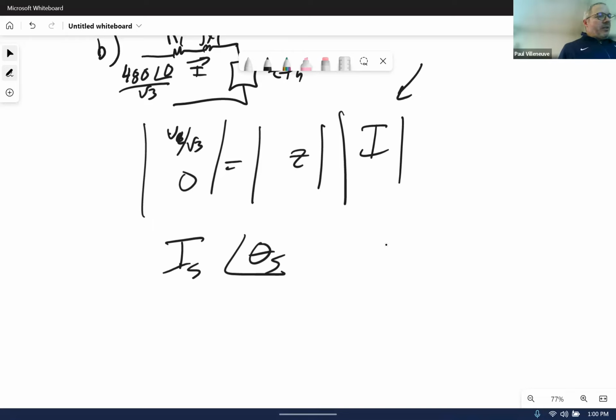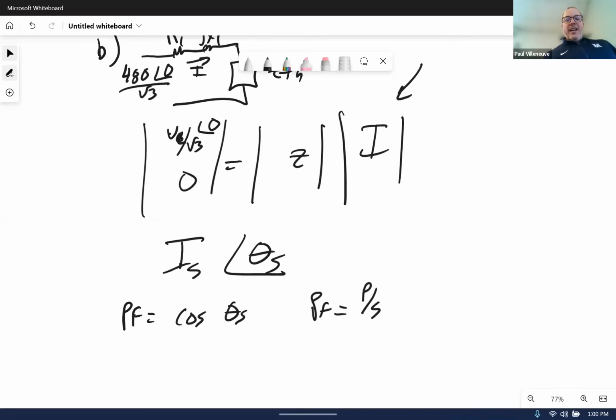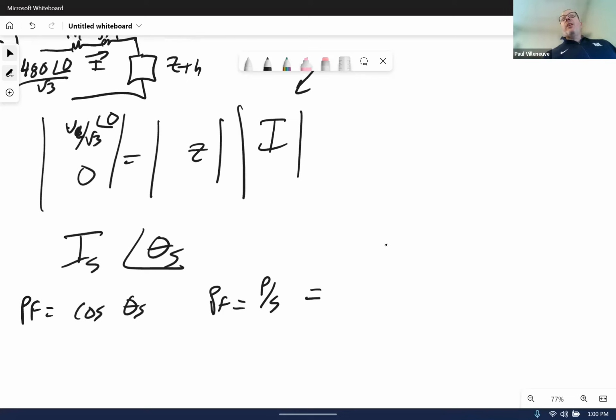All right, continuing. The power factor. Why is it the cosine of theta S? Because my voltage magnitude is at an angle of 0. Technically, the power factor is the ratio of P over S, right?